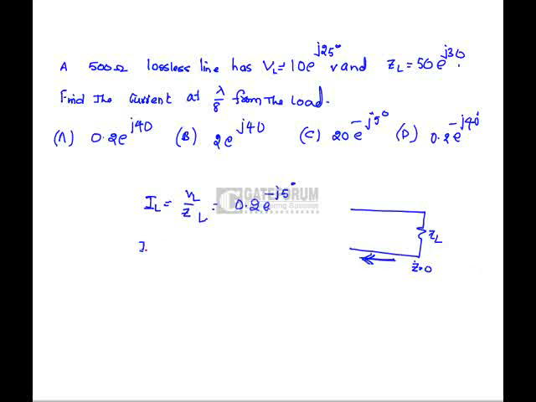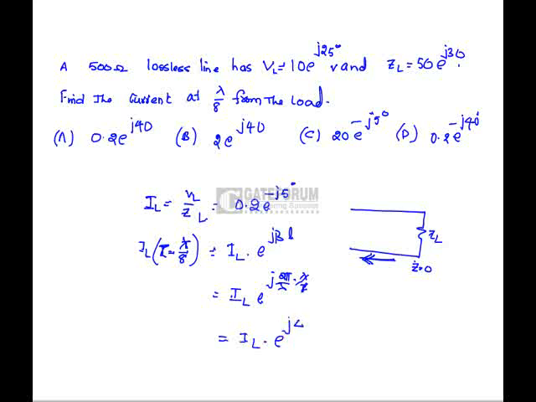So IL at Z equals lambda by 8 distance is IL e power j beta L, that is IL e power 2 pi by lambda into lambda by 8, that is IL into e power j45 degrees, which is 0.2 e power j40, which is option A is correct.